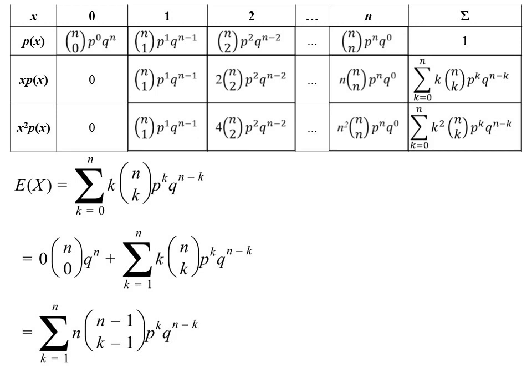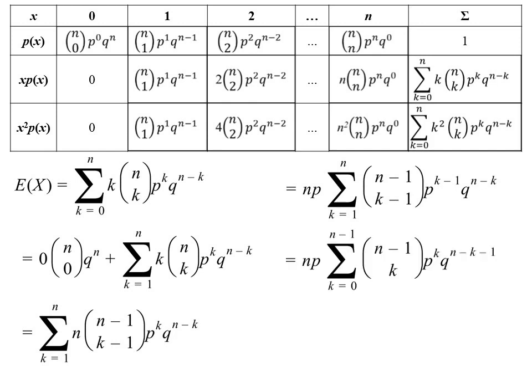Now, why do it that way? Well, because here I can now pull out this common factor of n. So I now have np times this. But what is this? That would be the same as k equals 0 to n minus 1. Again, I'm just playing with the numbers.